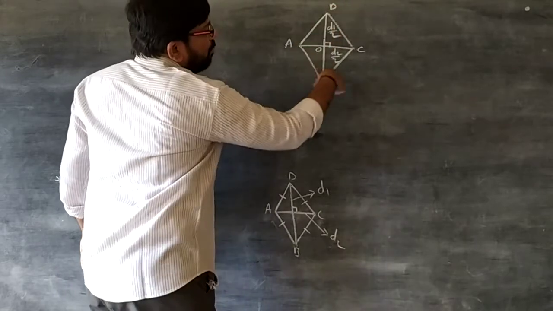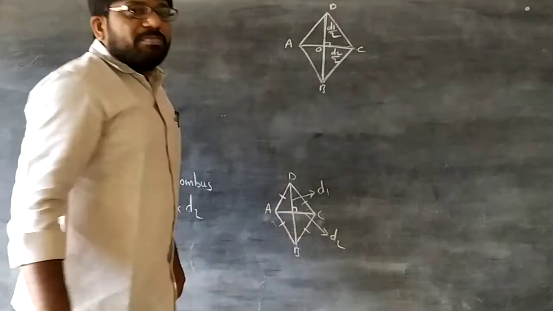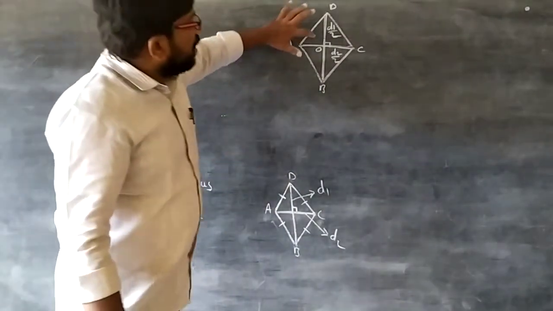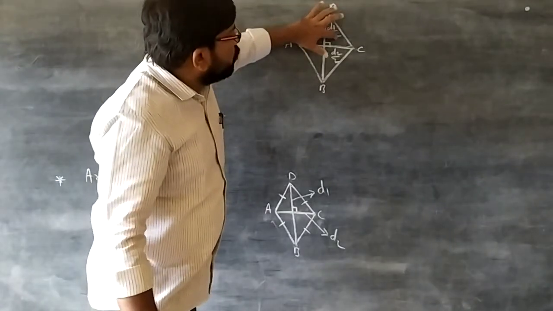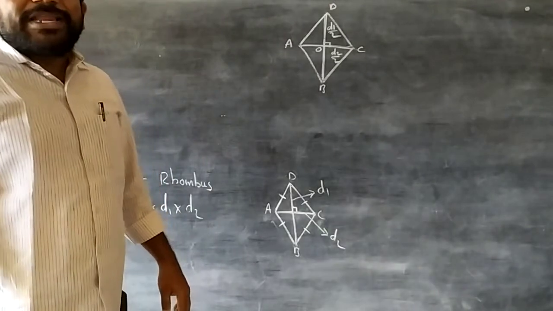So in this rhombus, the two diagonals divide the rhombus into four congruent right angle triangles. It is first right angle triangle 1, 2, 3, 4. These four are congruent right angle triangles, right?